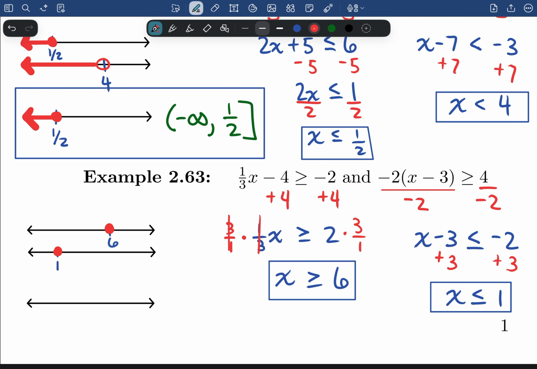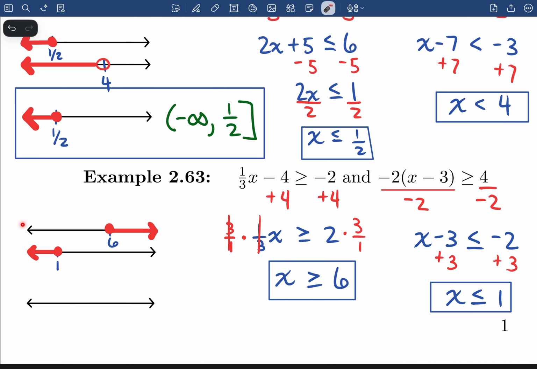And if x is greater than or equal to 6, I shade everything larger than 6 in this case. And if x is less than or equal to 1, I shade everything less than or equal to 1 in this case. All right, now that I've graphed both of these, I have a visual of what their overlap is. Where are these two graphs overlapping their shaded regions? And the answer is they're not.